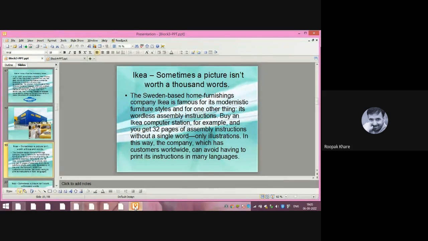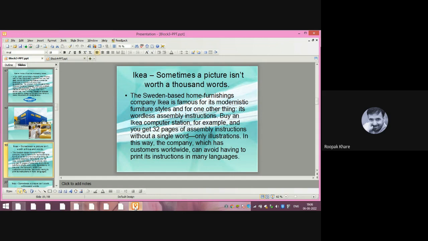The Sweden-based home furnishings company IKEA is famous for its modernistic furniture styles and for one other thing: its wordless assembly instructions. As I told you, when you sell a product, you have to give a manual with it, how to use that product, right? So even these people were giving certain instruction leaflets along with their products.